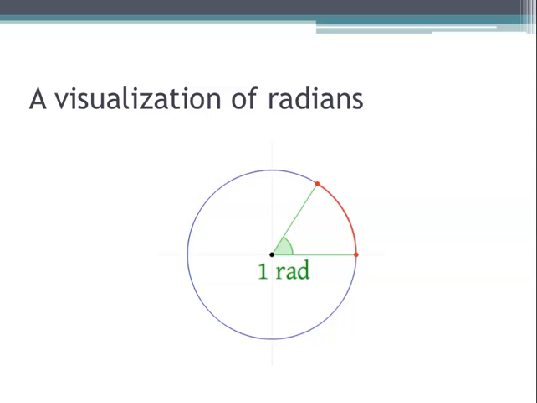Now we can measure 1 radian, 2 radians, up to 3 radians, and then there's a little bit left. That takes us to pi radians. And if you rotate all the way back to where you started, that would be 2 pi radians. Hopefully that gives you a better idea of what radians are.